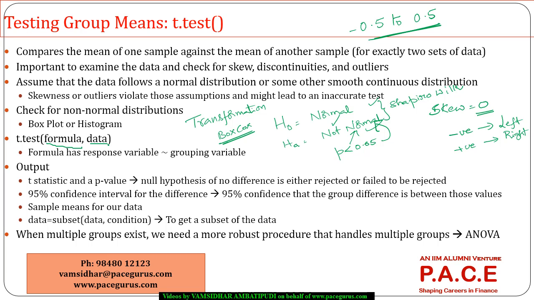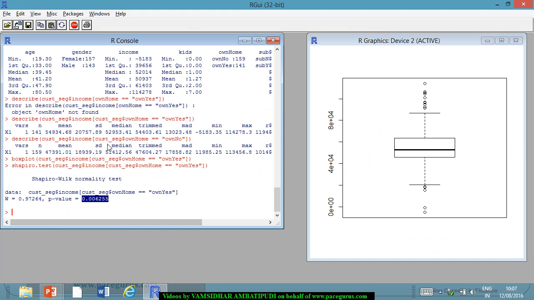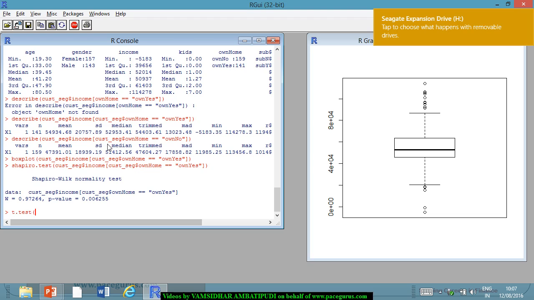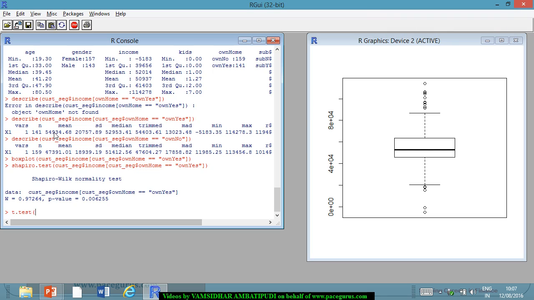So I can take t.test, and on top of it I'm looking at the income across, let's say, gender. Here I am taking the data equal to cust underscore seg, the entire data.